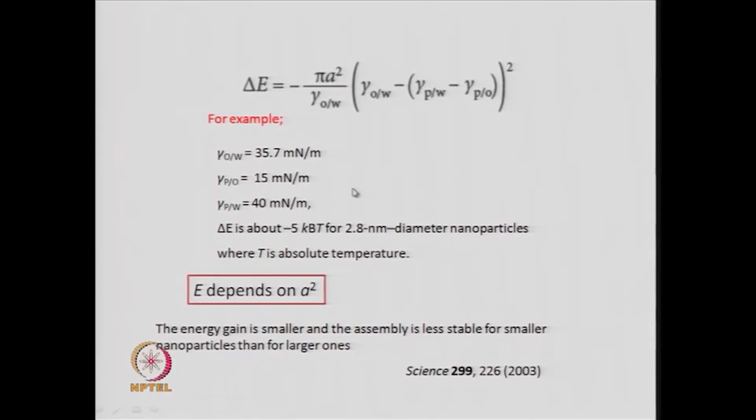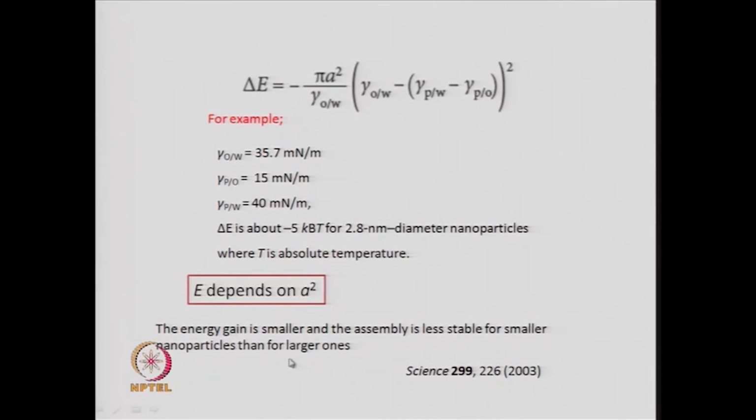So, if the radius is 1.4 nanometers, that is for 2.8 nanometer diameter particles, this value comes to around minus 5 kBT, and it is to be noted that the reduction in energy, delta E, is directly proportional to the square of the radius. So, the energy gain is smaller and the assembly is less stable for smaller nanoparticles, because it depends on the square of the radius. And it is negative.